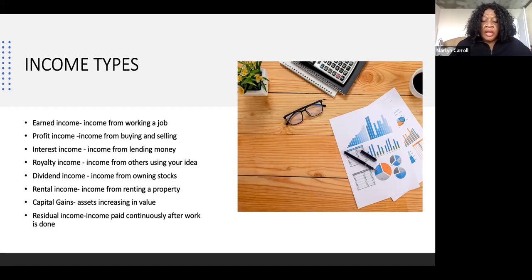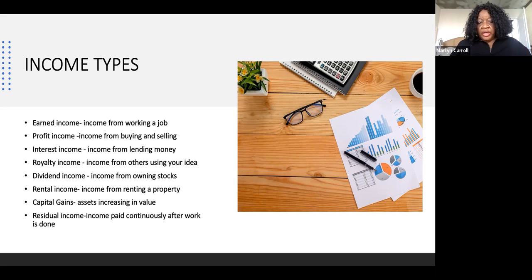The rules change. But at any rate, those are capital gains that I have from those assets increasing in value. I could have an annuity policy or a policy that earns value. It increases, it's gaining value because it's invested in the market. And those are capital gains that I have.